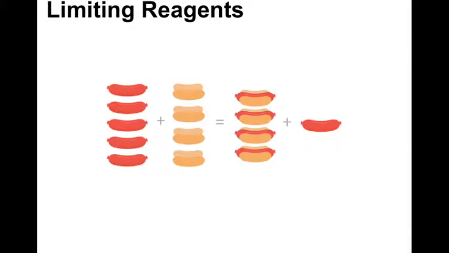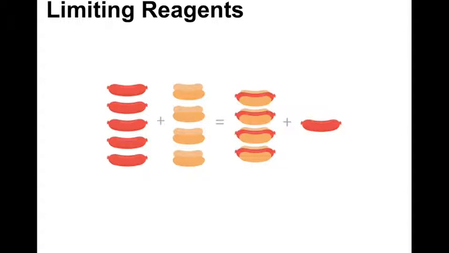So as an example, if we want to make hot dog buns, we know that one bun is to one hot dog. But let's say in my stock, I have five hot dogs and four buns. So actually, I can make four hot dog buns, but I'm left with one hot dog.